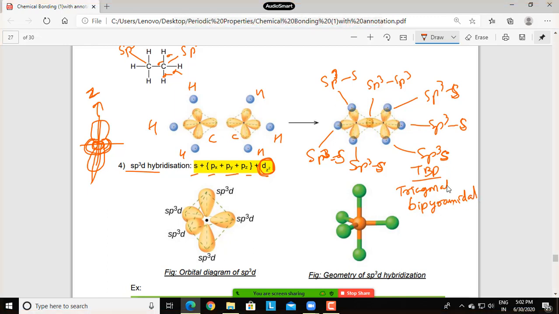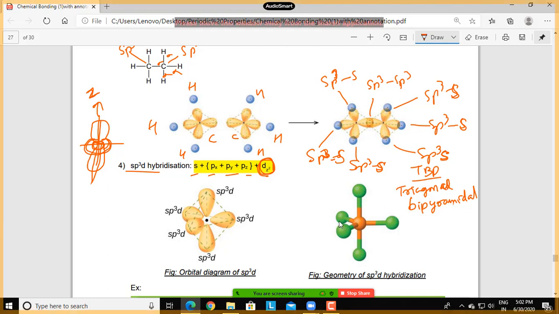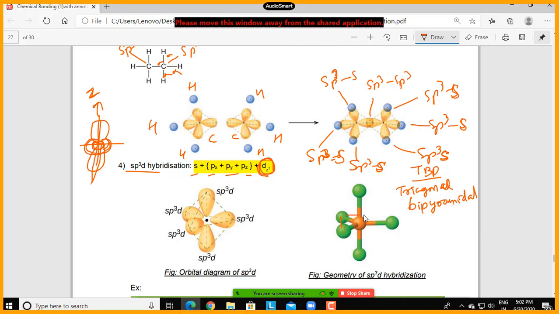Trigonal bipyramidal means TBP. So this shape TBP is a trigonal planar shape, and above this planar shape you will get a pyramid.